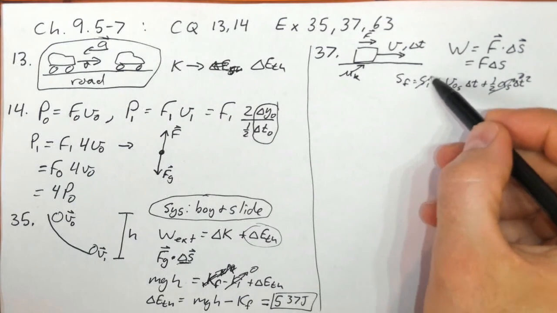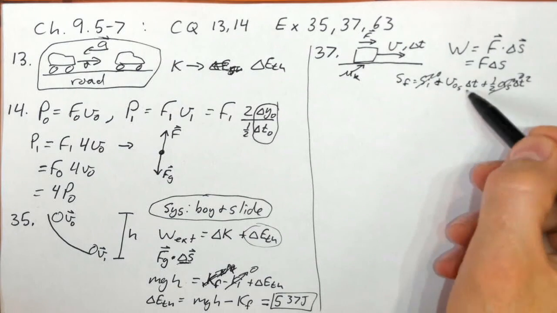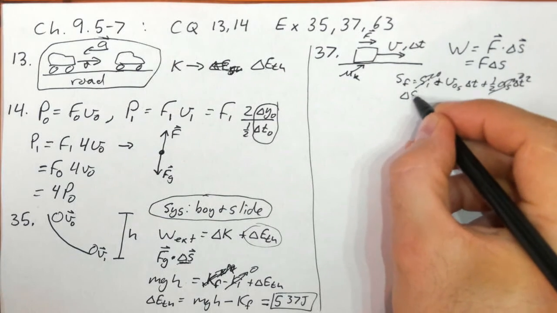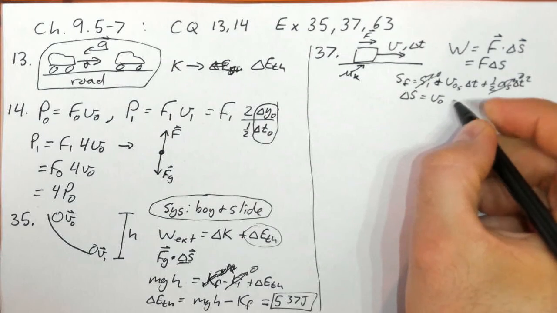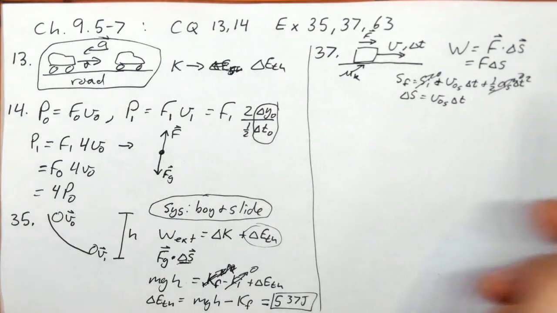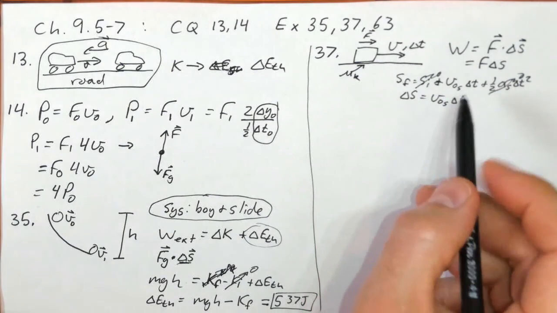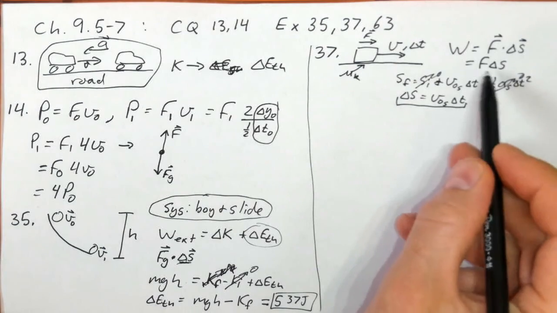And so delta S is our V0S delta T, which we know. So we've got that one. All right, we're good. We can plug that in here.